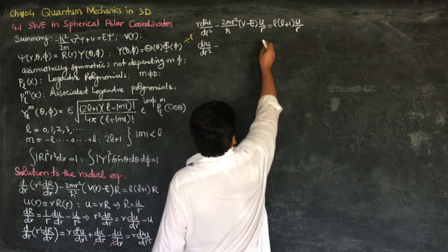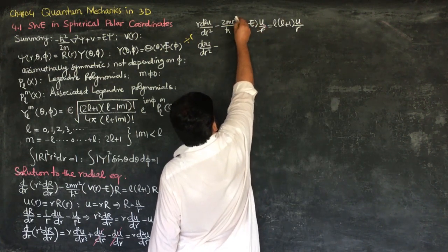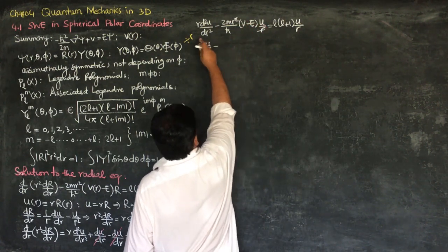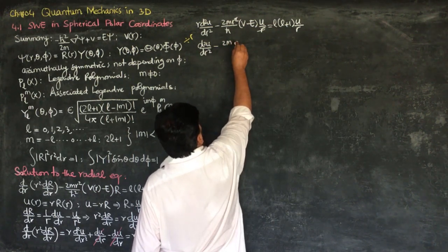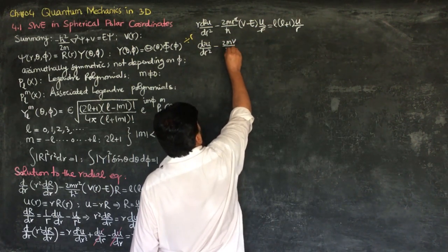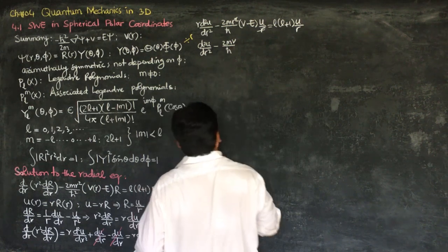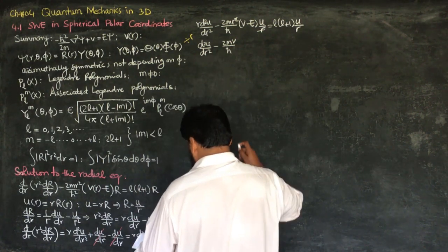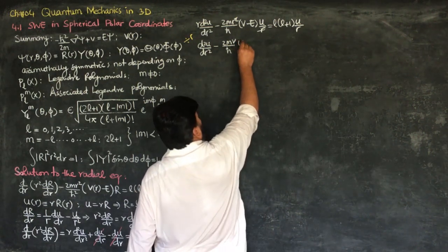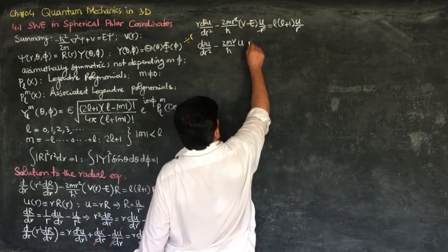So here one r is cancelled, so one r remaining and it will cancel with this one. So minus 2m v over h bar, and I will write with this u as well from here.